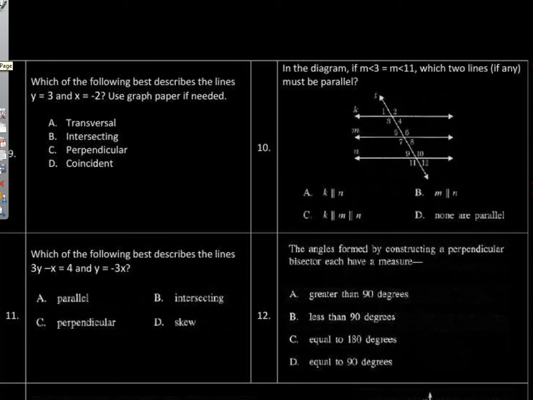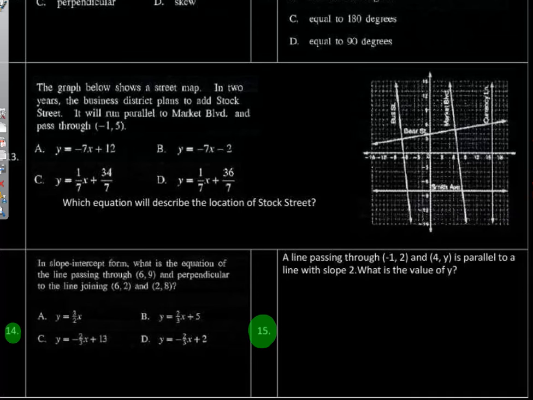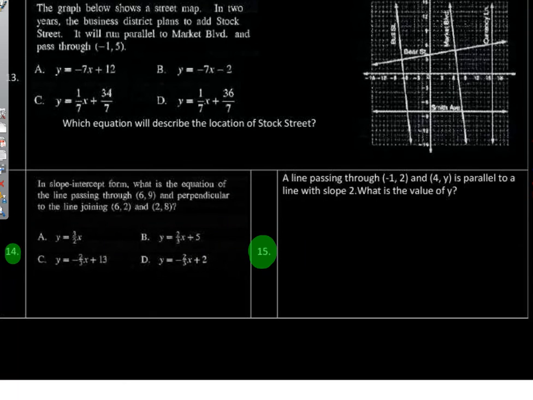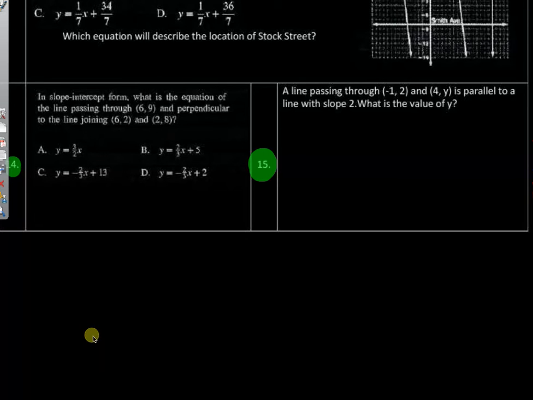All right, going on to the back here, I need to talk about the ones at the very bottom, number 14 and 15. So here's the deal with 14 and 15. This is the one part of the slope that we haven't talked about in a while, so I want to make sure we're good. It says in slope-intercept form, what is the equation of the line passing through 6, 9 and perpendicular to the line joining 6, 2 and 2, 8?